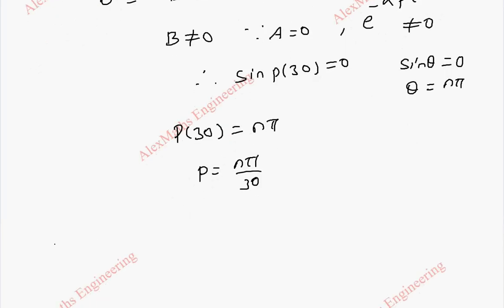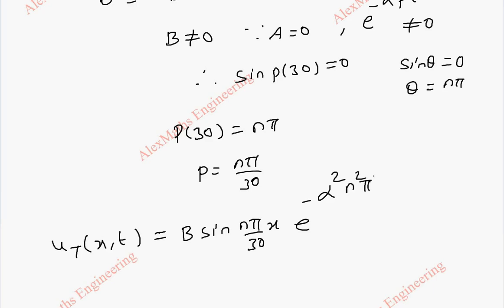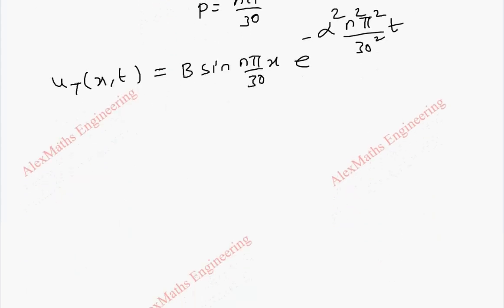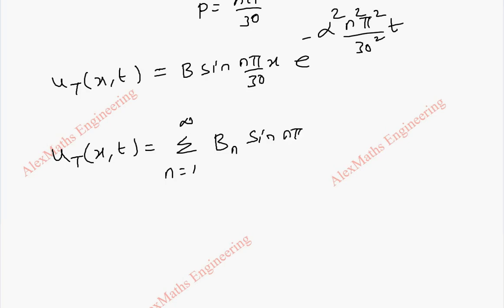So we are going to substitute this in u(x, t): B sin(px) e^(-α²p²t), which is e^(-α²n²π²t/30²). Now u(x, t) is the summation, n from 1 to infinity, of Bn sin(nπx/30) e^(-α²n²π²t/30²).